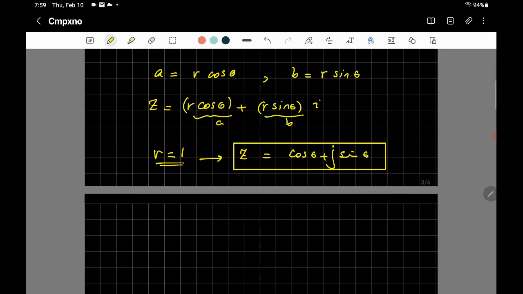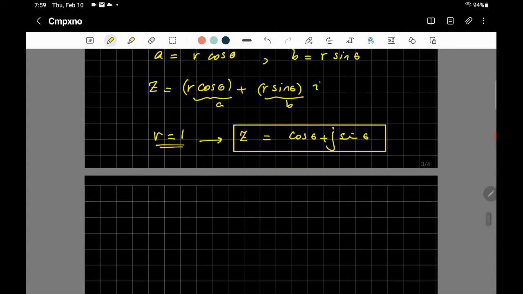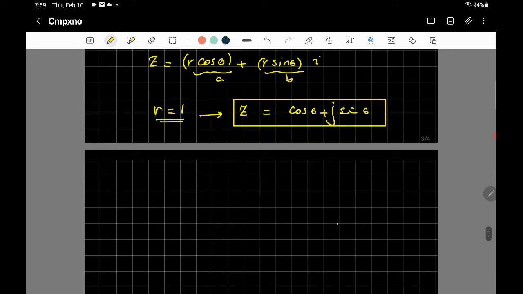That represents the angle theta, right? Like you have a triangle, and this is equal to 1, and you got theta, so that's cosine theta, and that's sine theta. So that actually represents this complex number.